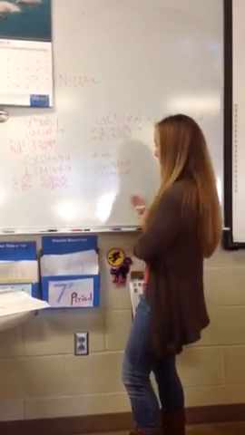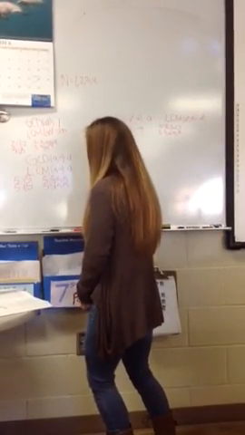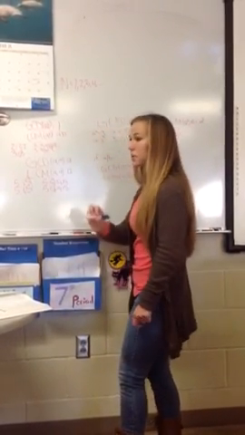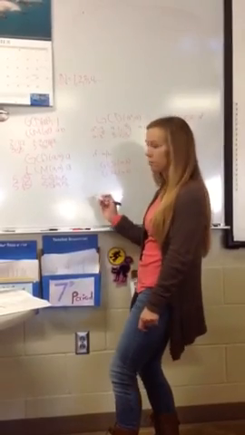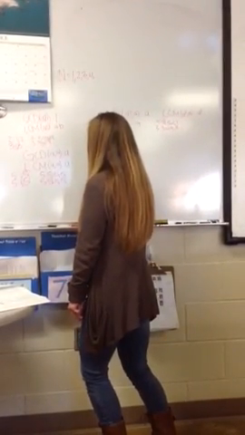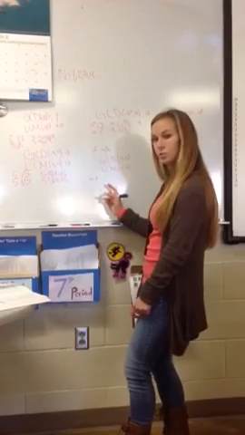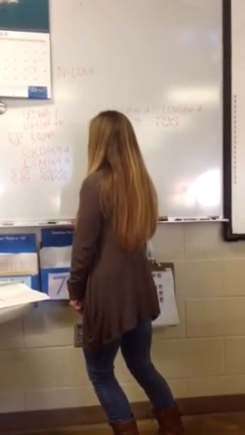So we know A is a part of B. So if A is a part of B, A is going to be the 2. So we'll say, just so that we know, off to the side, A is going to be equal to 2, and B is going to be equal to 4.